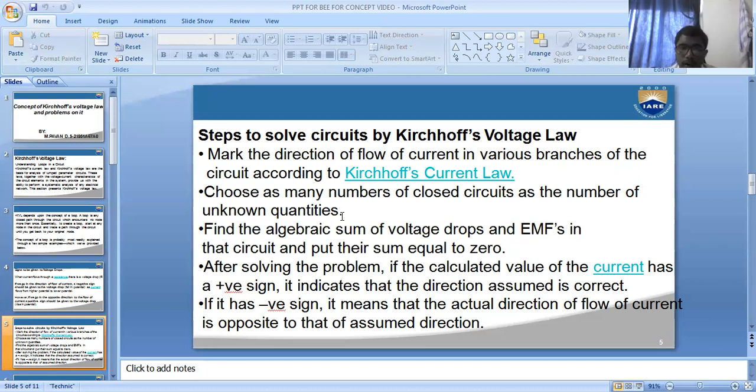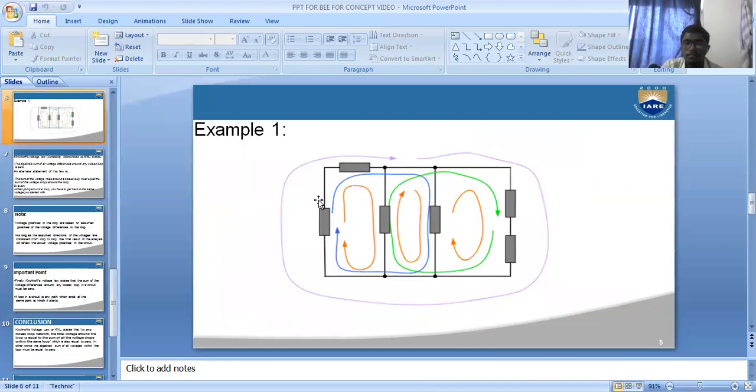When the value comes out positive, we take it to be in the same direction as assumed. This is the first and foremost thing we need to know, and only then can we find the exact values. Next, we will see an example.